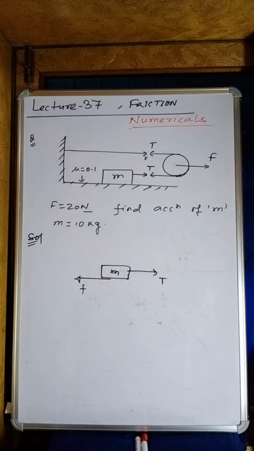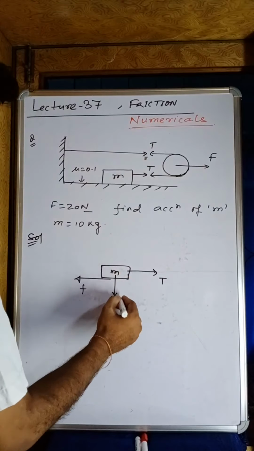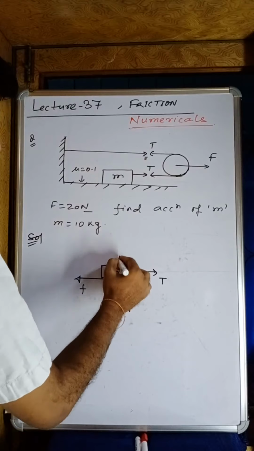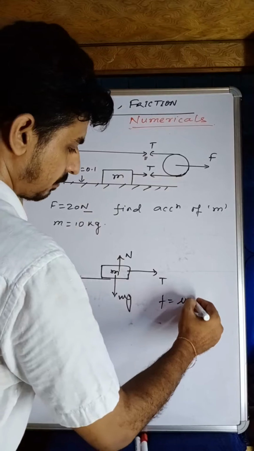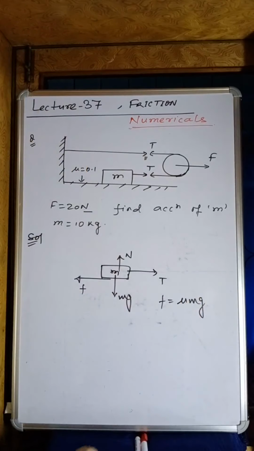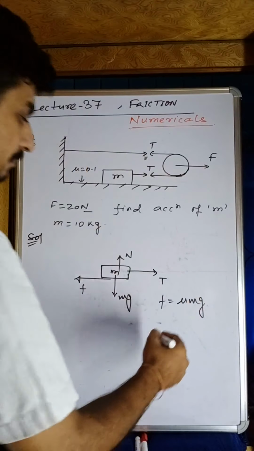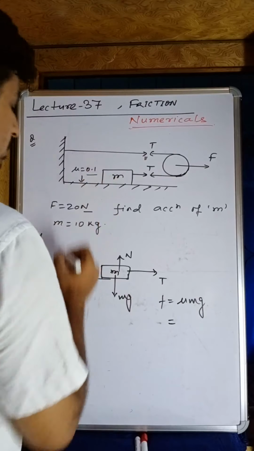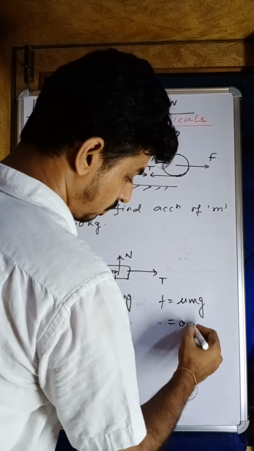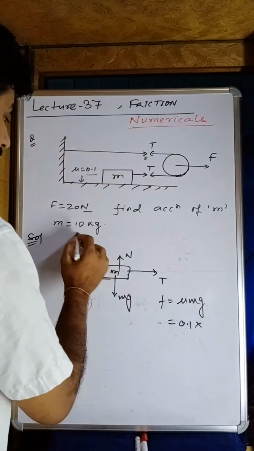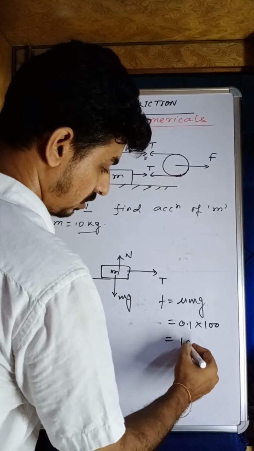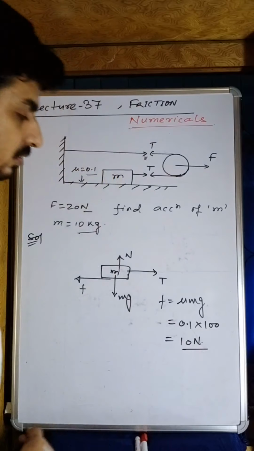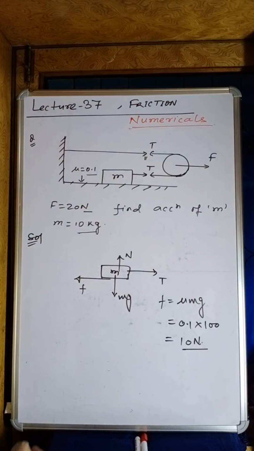What should be the value of this F? It is mg, and this is the normal. F, we know, is mu times mg, and mu is 0.1. So 0.1 times 10 times 10 is 100, which gives 10 Newton.